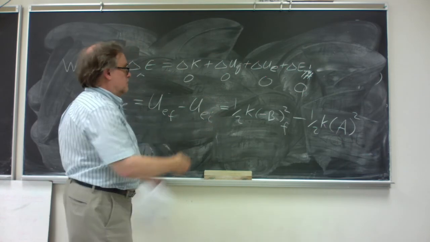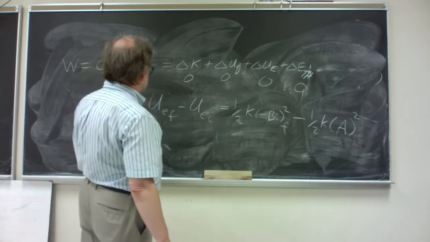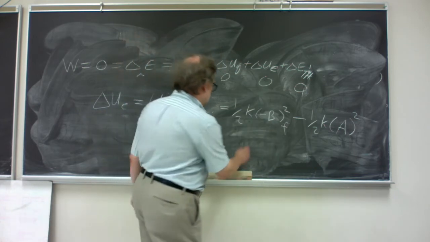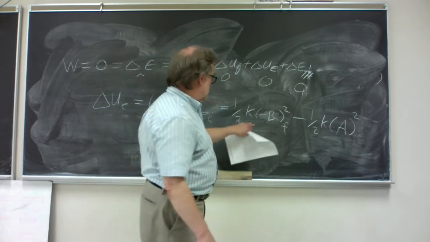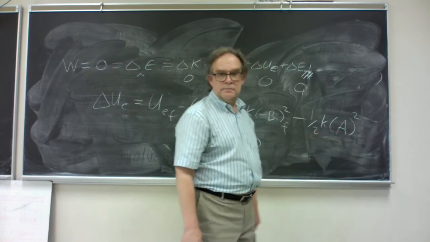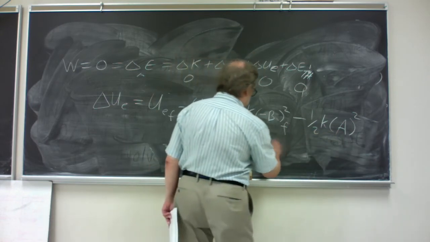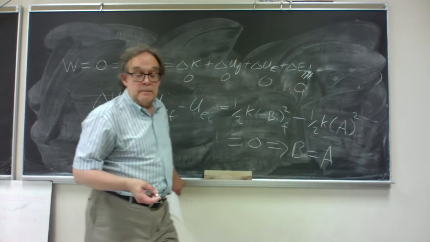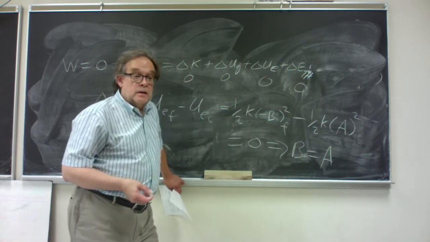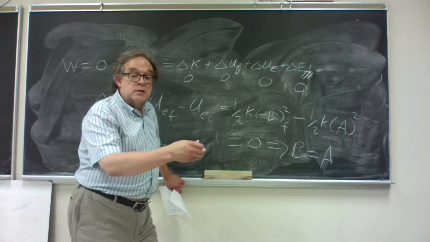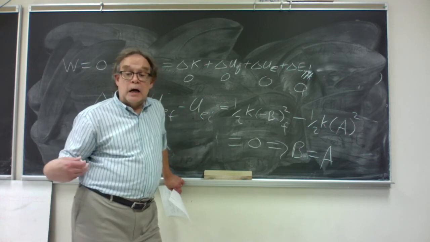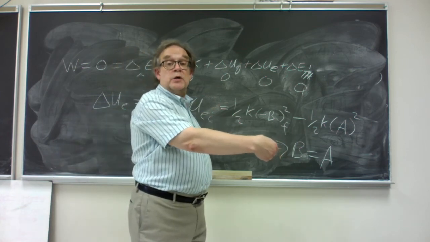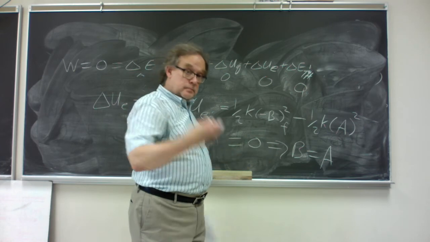But we know that this is the change in elastic potential energy, which is 0. So this must be equal to this, which means simply B equals A. In other words, the maximum distance away from equilibrium on one side is just the same as the maximum distance away from equilibrium on the other side.